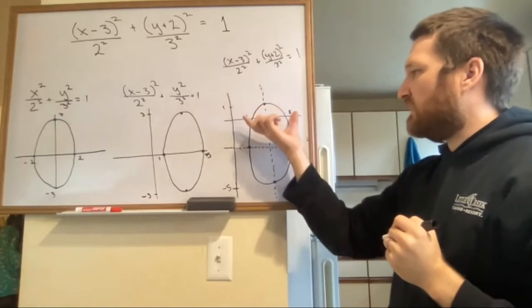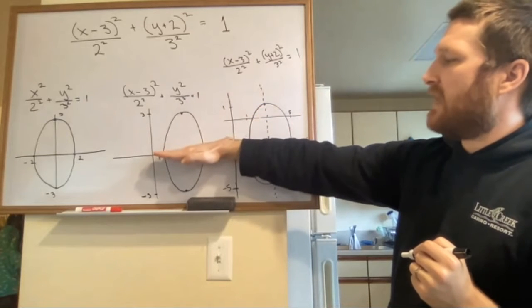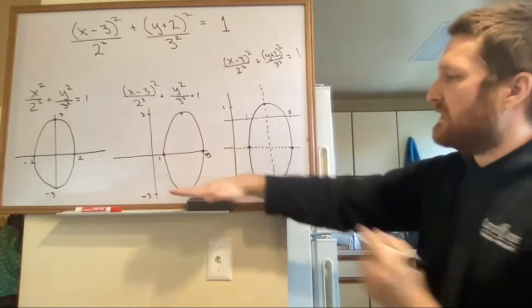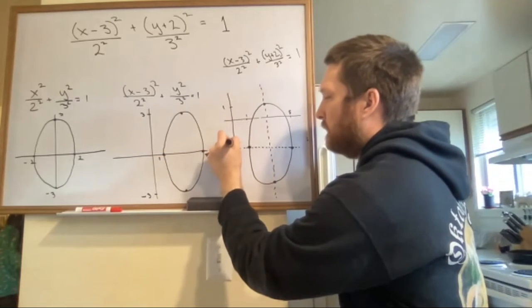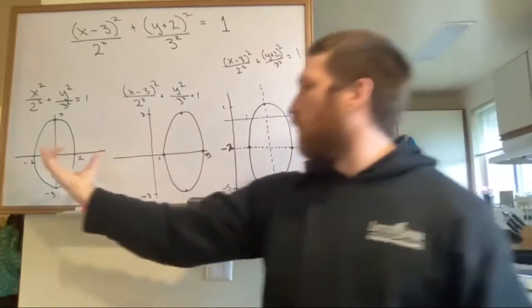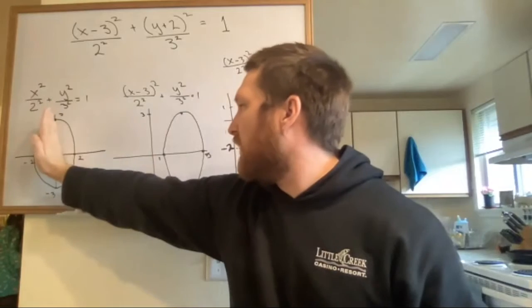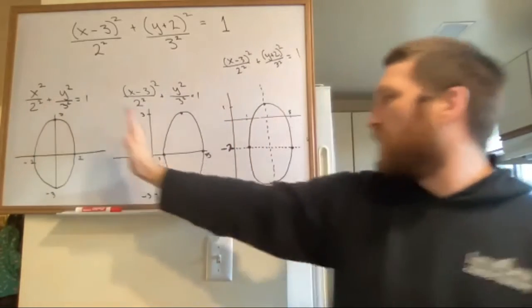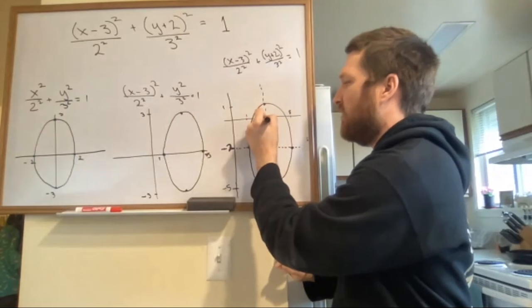It just got shifted down 2 units. So this horizontal line, the x-axis, basically got shifted down here to -2. And ditto, when I shifted this guy right by 3 units, that major axis, the vertical axis, got shifted over 3 units, and he's right here and goes through at +3, like that.